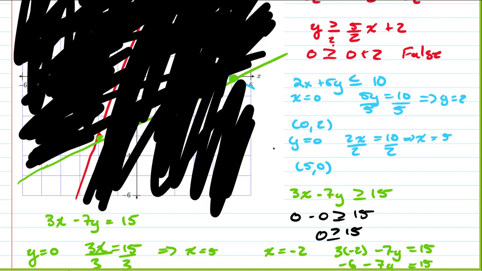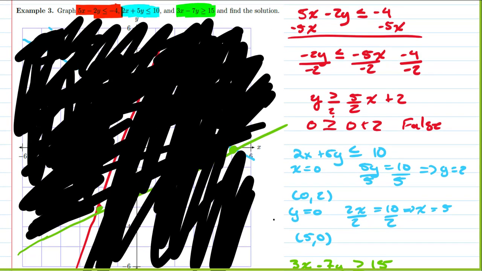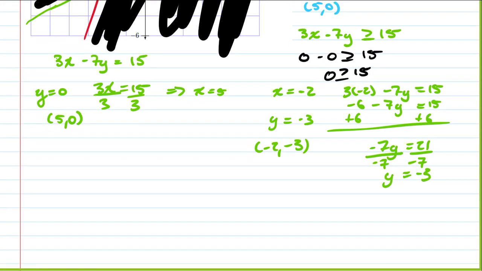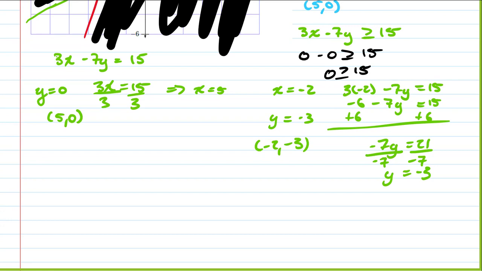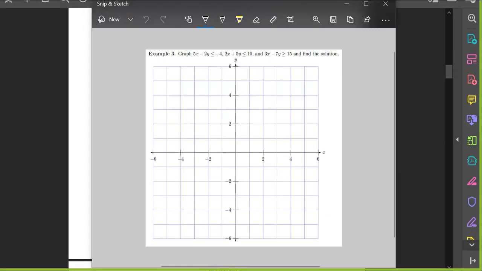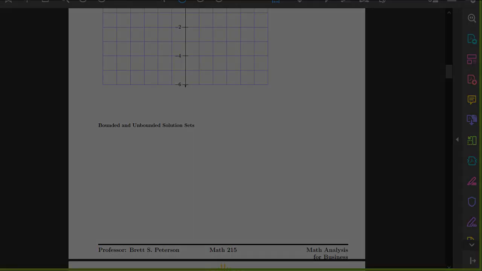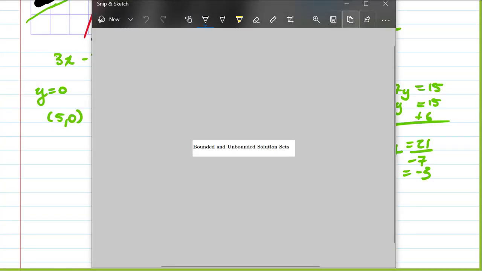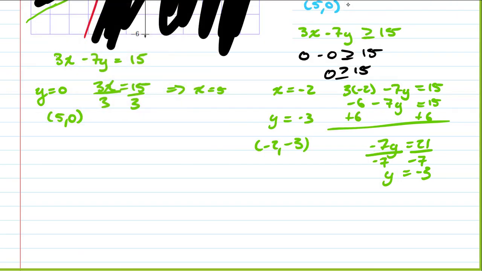And that's going to be our solution to that inequality. So that gives rise to our next definition that we're going to see right here. Bounded and unbounded solution sets.